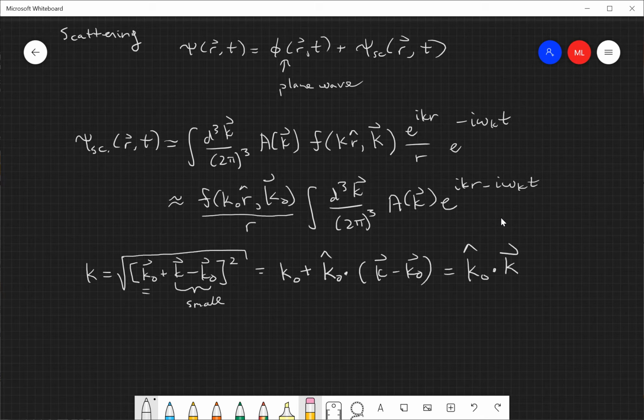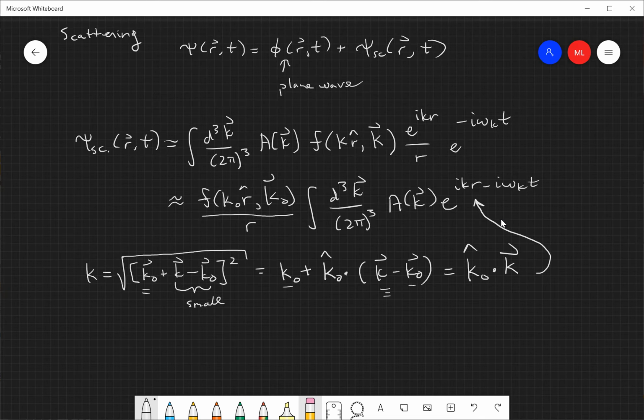Because k naught unit vector dotted into k naught is just going to be k naught. So this cancels that, and you're just left with this term. So it's basically the k vector dotted into the initial direction that you're sending, which is going to be along the z-axis typically.